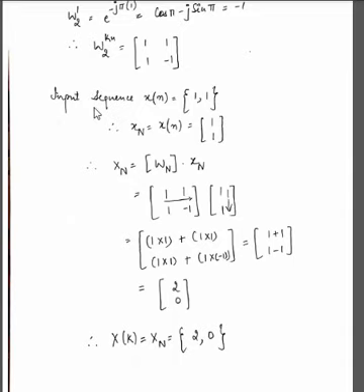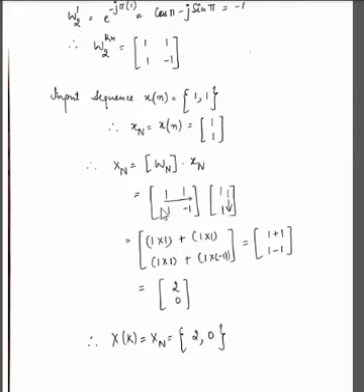Now we have to find the value of the DFT. The formula is DFT of x of n equal to the twiddle factor in matrix form multiplied by x of n, the input sequence in matrix form. The twiddle factor value is 1, 1, 1, minus 1, and x of n value is 1, 1.